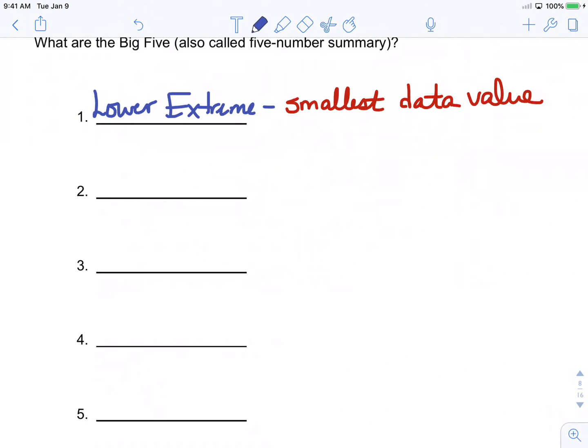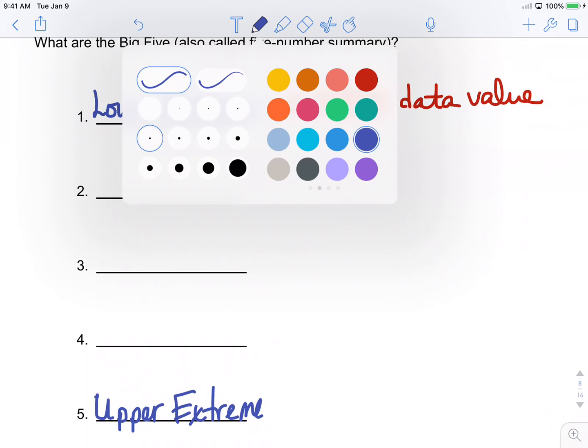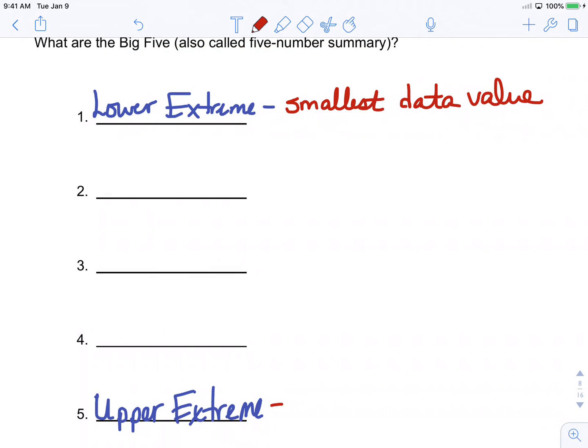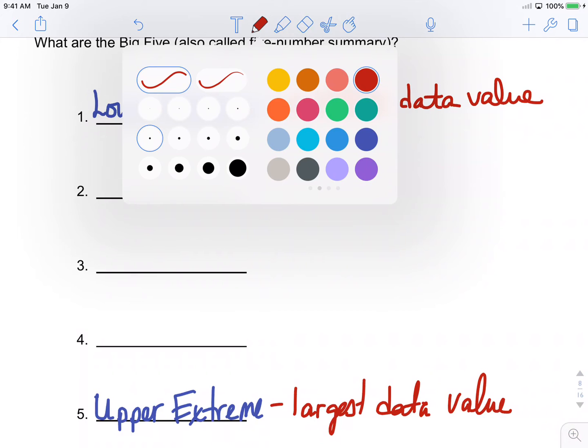If I have the lower extreme, we are also going to have an upper extreme to match it. And of course, that's going to be the largest data value. So now we know we have the smallest and the largest that are going to become part of our graphs.